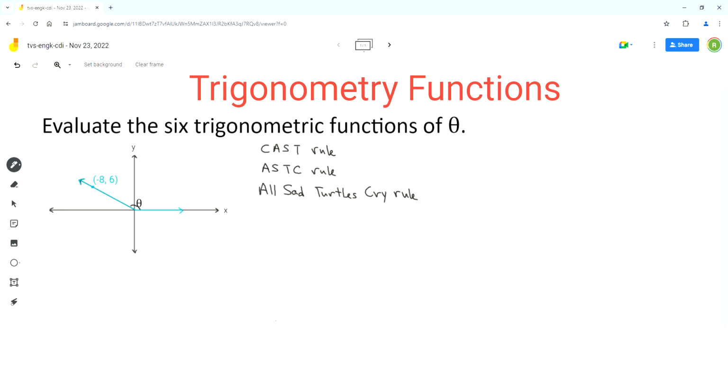We use this rule to identify the sign of a trigonometry function in these 4 quadrants.